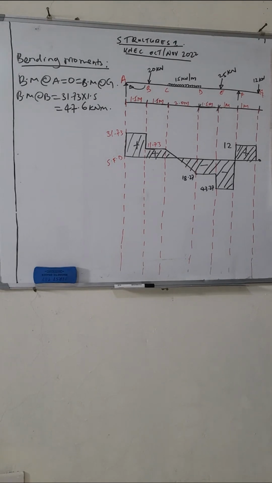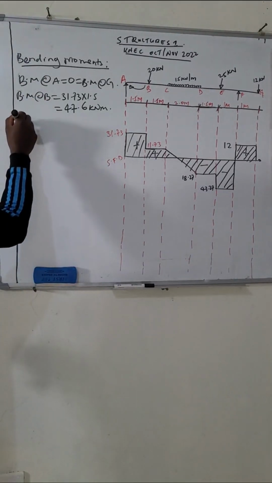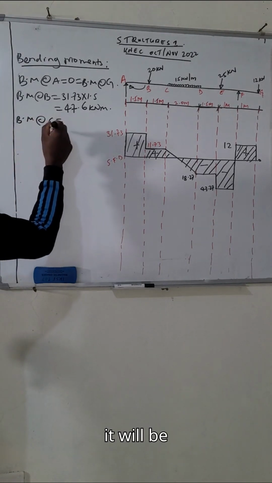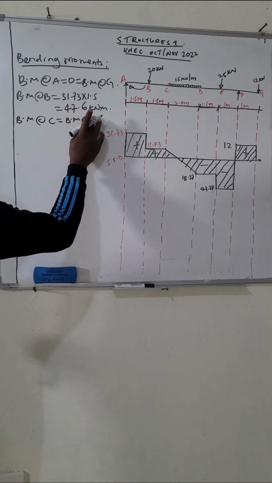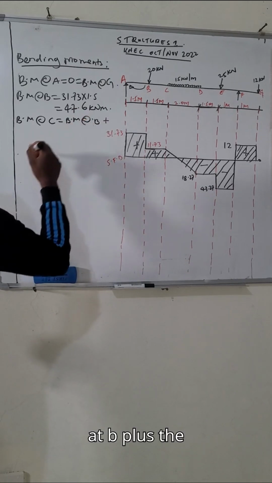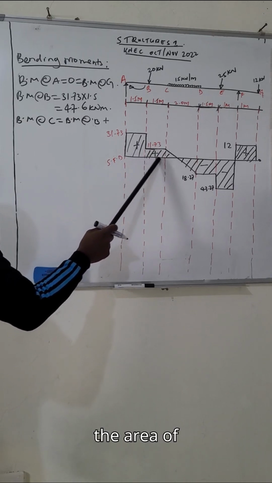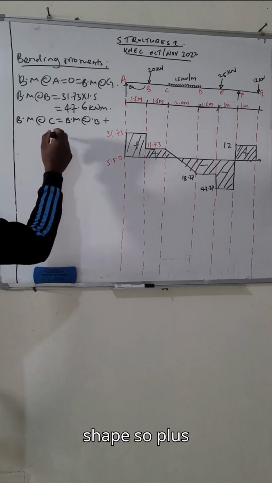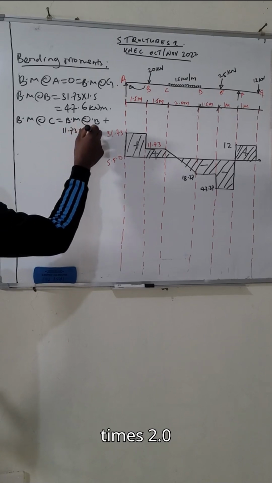After that, let's now go to point C. Bending moment at C will be bending moment at B plus the area of this part, a rectangular shape. So plus 11.73 times 2.0.